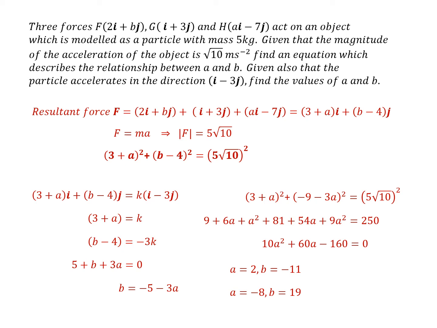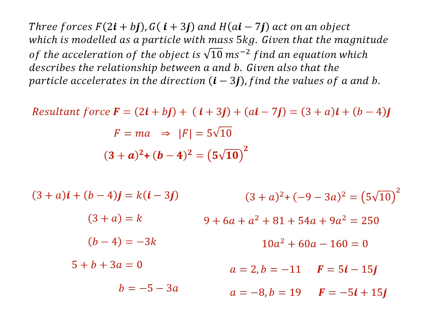Well, let's have a look at the force vector now, with a equals 2 and b equals minus 11 to start with. So then the force, when we put those values of a and b into the force vector, we get this. But for the second solution, the force vector is that.